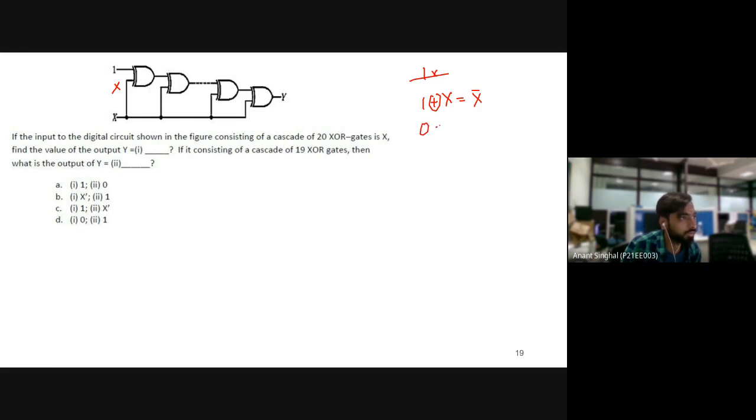If I do an XOR with 0, it will act as a buffer. Whatever the variable is, it will give the same variable. If I do XOR of same variables, it will always give 0. And if I do XOR of inverted variables, it will always give 1.